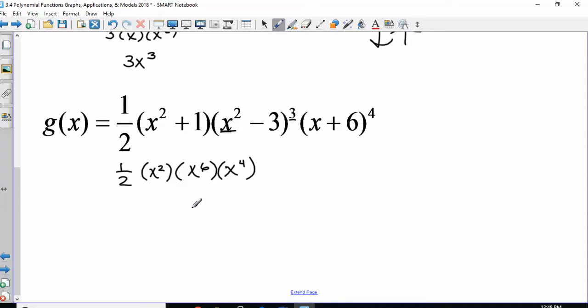The last one would be an x to the 4th. So overall, we get 1/2 x to the 12th. So what would that look like? Regular parabola, it's a positive coefficient, so both ends are pointing up.